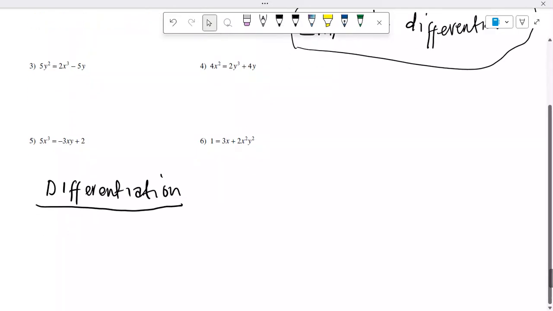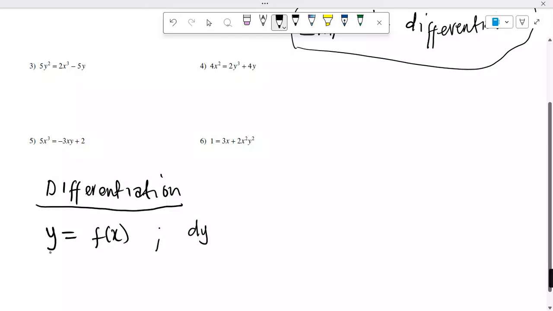If you are differentiating something, let's say you have a function y which is a function of f, and you are told to differentiate this function, you can write it in this form: dy by dx.